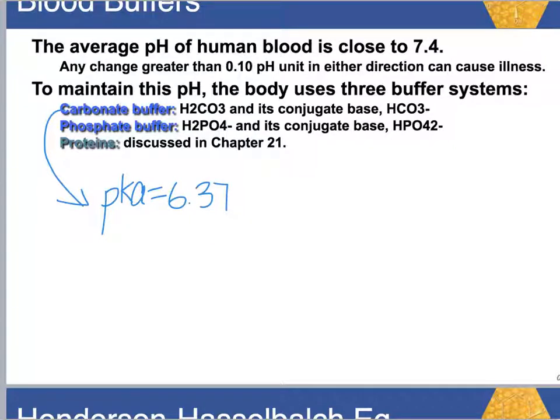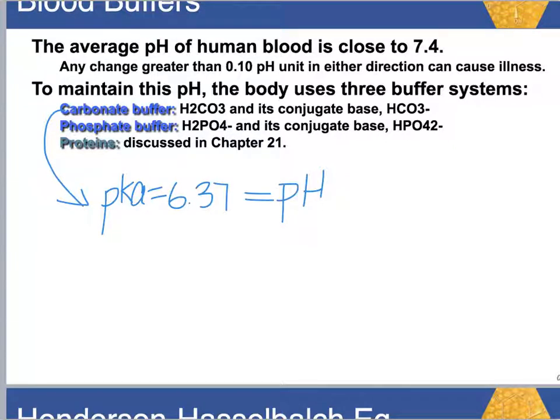And because the pH of an equal mixture of the weak acid, carbonic acid, and its conjugate base, the hydrogen carbonate ion, the pKa equals the pH. And I told you that on a previous slide. So the pH then equals 6.37.